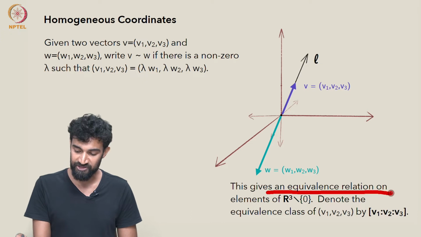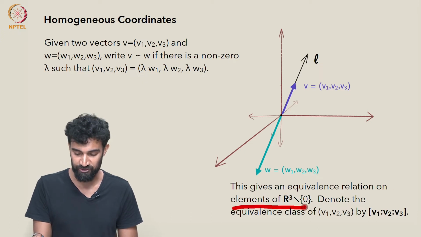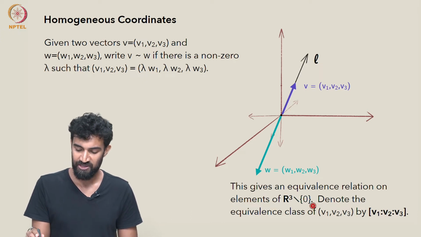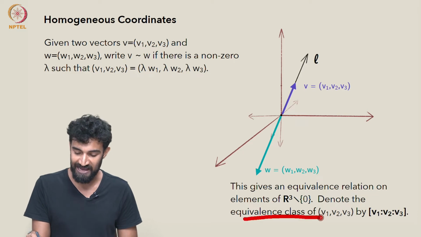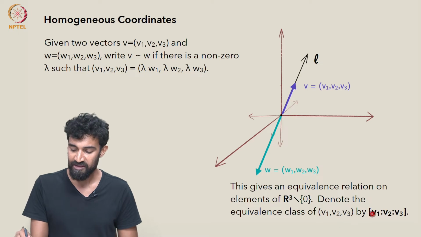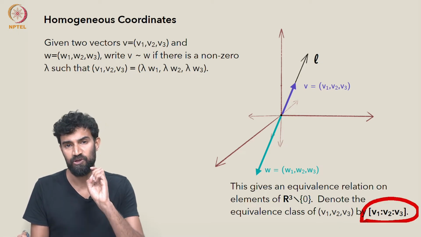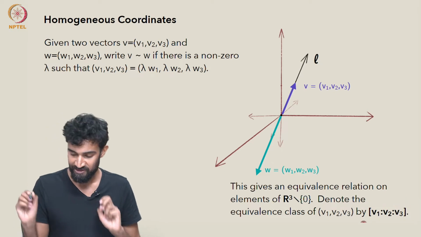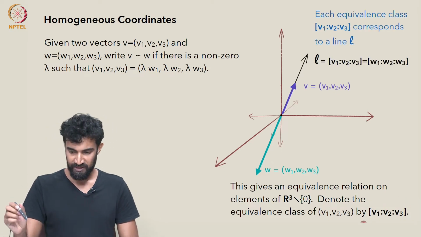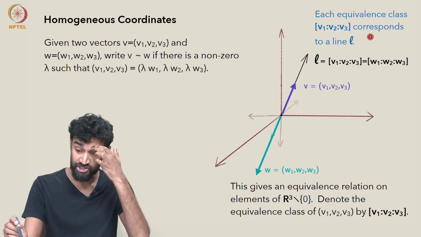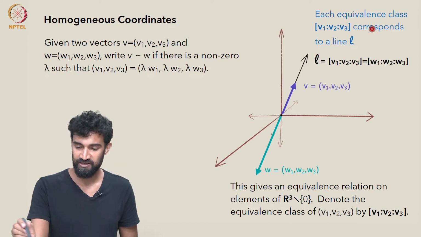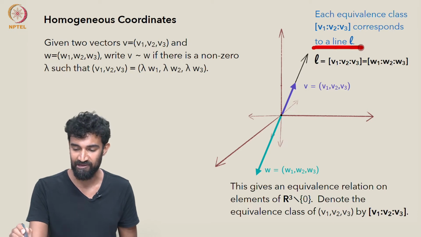This actually gives an equivalence relation on the elements of R3 minus the origin. So we'll denote the equivalence class of the vector (v1, v2, v3) by square brackets, [v1 : v2 : v3]. This is just a notation, but this equivalence class corresponds to the line L.